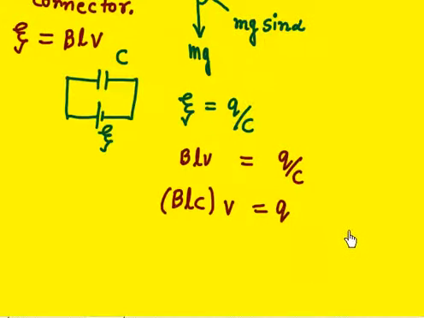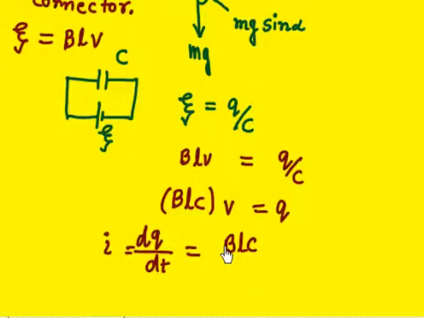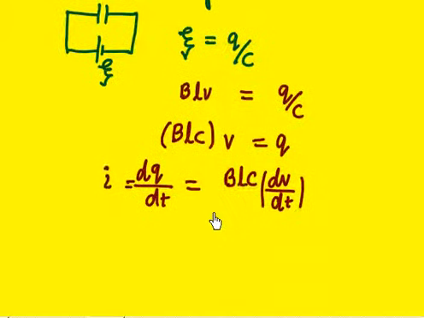Now if I differentiate both sides, I have I, that is dQ by dt, equals BLC times dV by dt, which is basically the acceleration. Let us call dv by dt, the acceleration, omega.